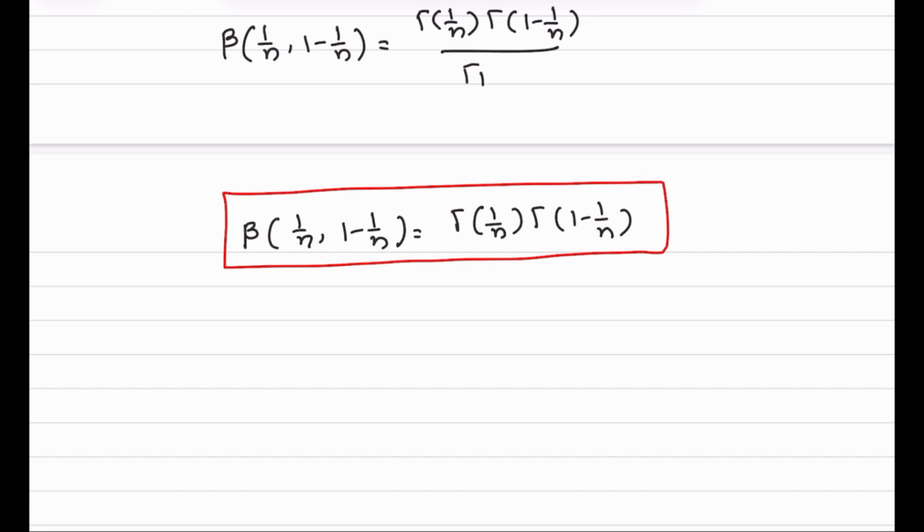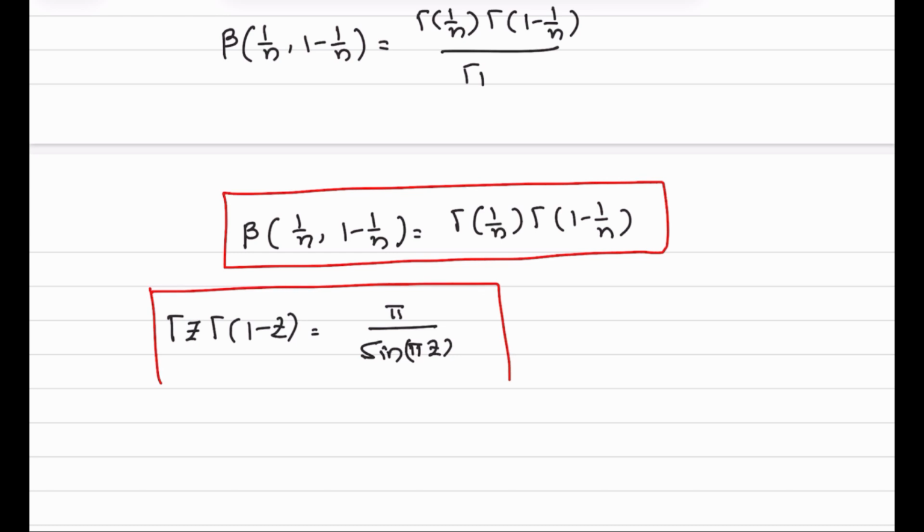Now, this gamma z into gamma 1 minus z is equal to pi by sin pi z, which I have derived already. This is the reflection formula, a very important formula.